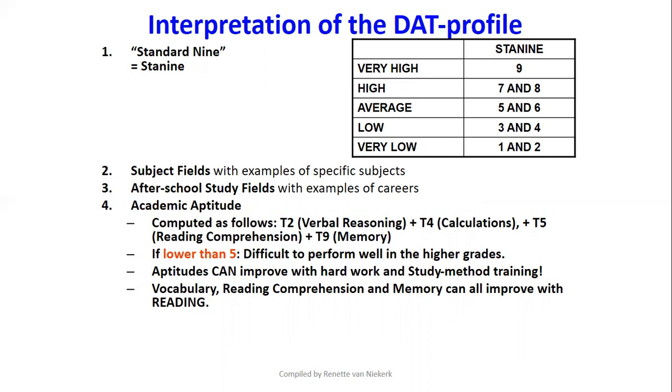It's test 2, your verbal reasoning, plus test 4, calculations, plus test 5, reading comprehension, plus test 9, memory. And if the average of those are lower than 5, it might be difficult for you to perform well in the higher grades and you will have to work hard. But remember, aptitudes can improve with hard work and study method training. And things such as your vocabulary, your reading comprehension and your memory can all improve with more reading.